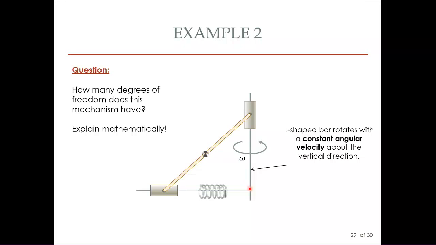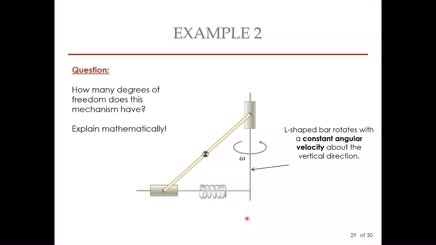Or, even simpler, here in this example, what you can do is think about the minimal number of parameters needed to fully represent the configuration of this system. So how many parameters are needed to know exactly where every point on this system is?